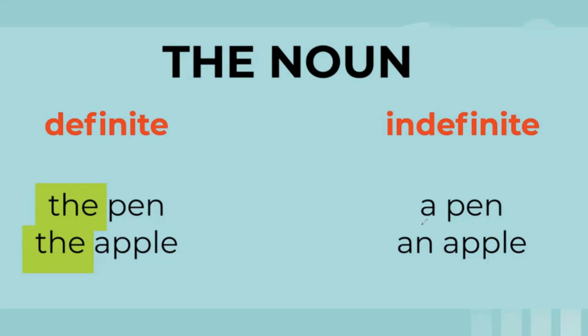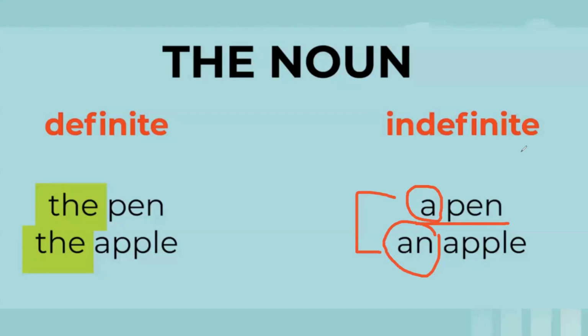We have seen all the examples with the indefinite article a in English, but we haven't seen the examples with an. But these two forms are considered indefinite articles.